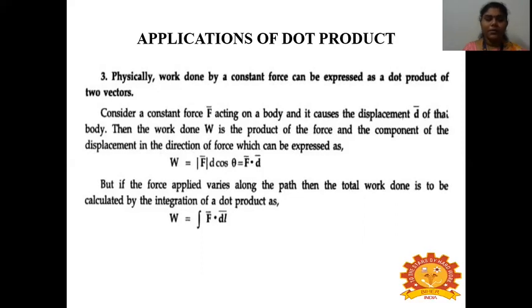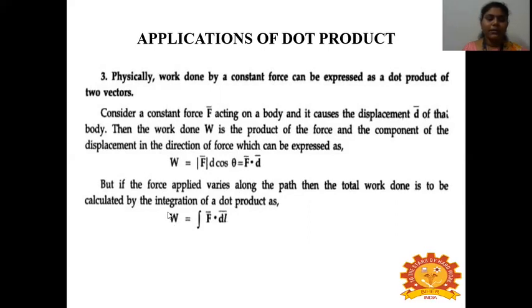This is expressed as W equal to modulus of F into D into cos theta. F is one vector and D is another vector, so we can write this as F vector dot D vector. But if the force applied varies along the path, then we need to calculate the total work done, which can be obtained by using the integral of the dot product.